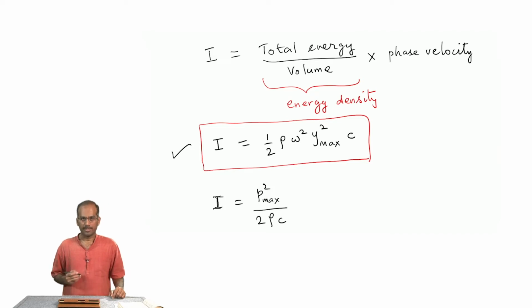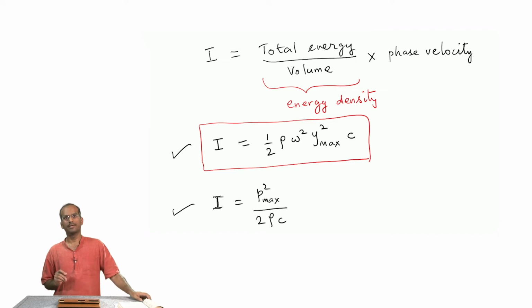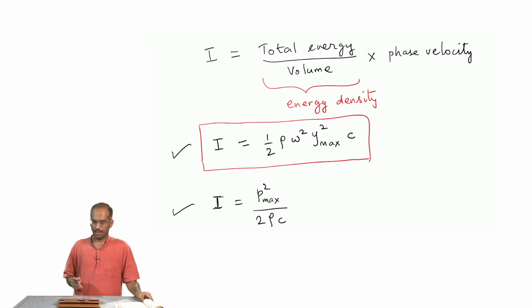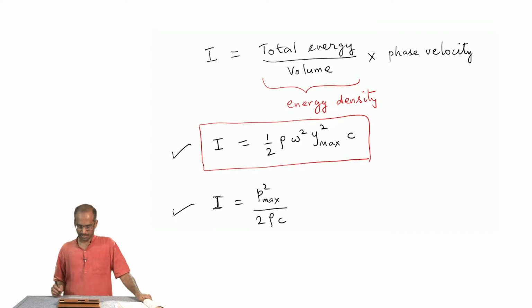But as I explained in the last lecture, the intensity can also be written in terms of pressure variations or velocity variations or acceleration variations. So, here I have written another of those expressions, which is in terms of pressure variations.